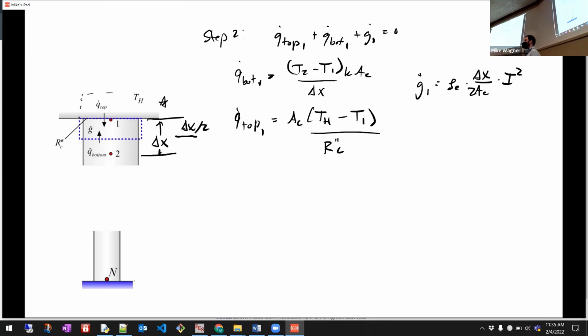In this case it's just a single contact resistance, but if it was a complex system, you could model that whole resistance network as the rate equation for Q dot top. If it's a known temperature, like you're saying, the equation becomes as simple as T1 equals TH.